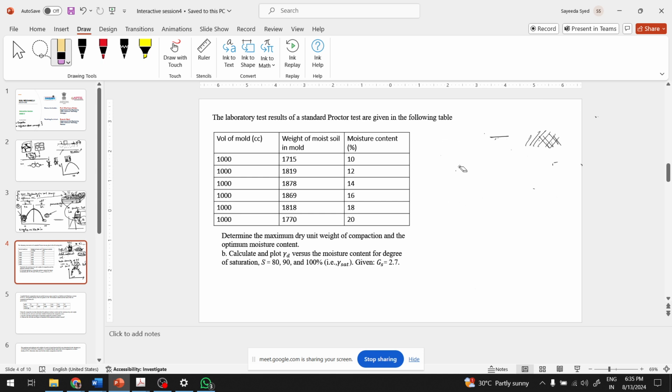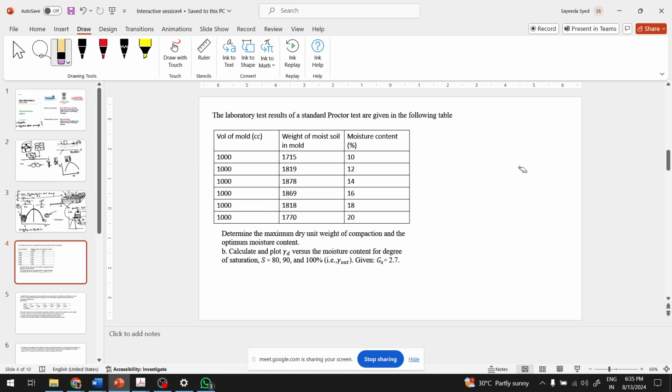And just like the first lecture, in this lecture also, we will be doing some of the questions in Excel. So let me open an Excel file.